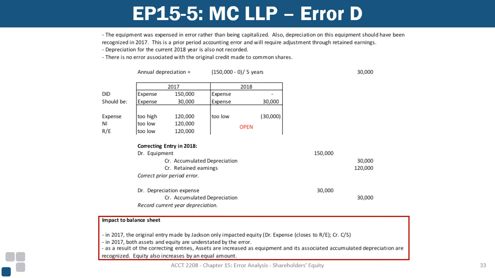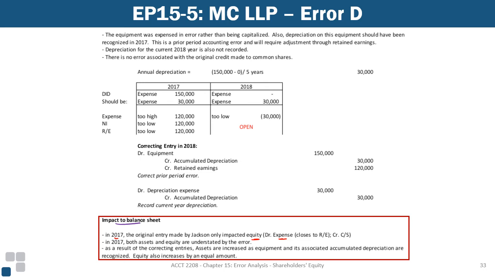Now, finally, in terms of balance sheet impacts, in 2017, the original entry impacted equity because what they did is they debited the expense instead of capitalizing it, right? So the common share part was correct, so there's no negative impact there.